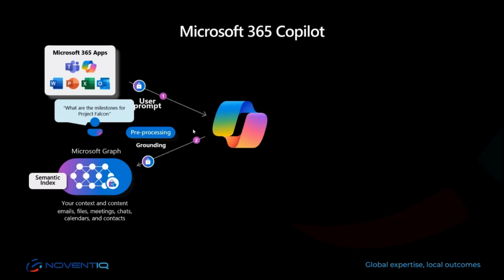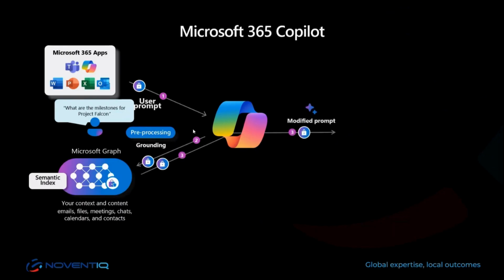Irrespective of whether you use M365 Copilot or not, even if you are not licensed with M365 Copilot, the way you search for documentation on your M365 portal or your M365 web application is the same because it utilizes Microsoft Graph in the backend to get you the right documents.